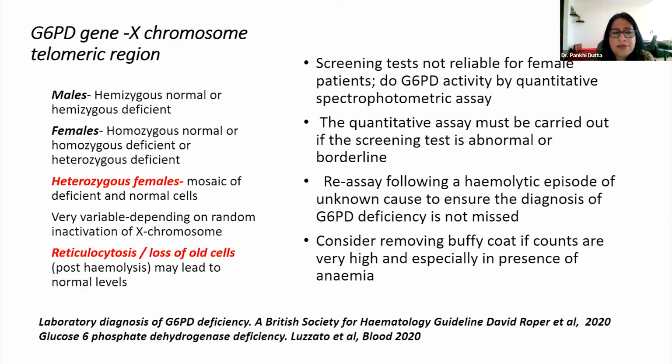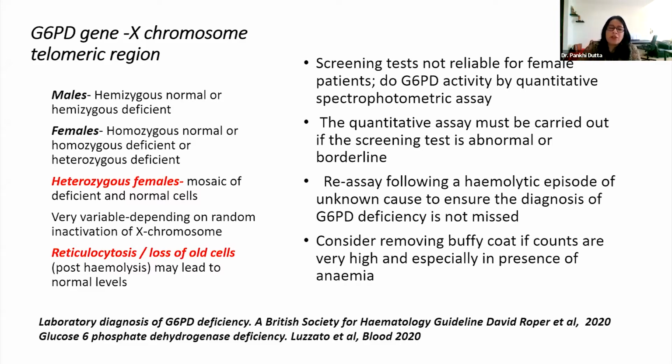So heterozygous females actually have a mosaic of deficient and normal cells. So screening tests may not be reliable for female patients. You might get borderline, but if you give them some oxidizing drugs, they might have hemolysis. So one must go for a quantitative assay. And whenever the screening test is abnormal or borderline, one should do a quantitative assay.